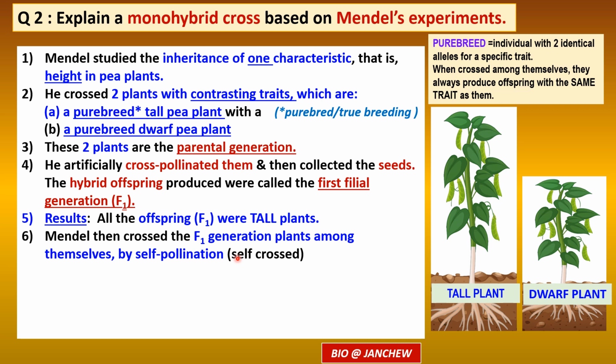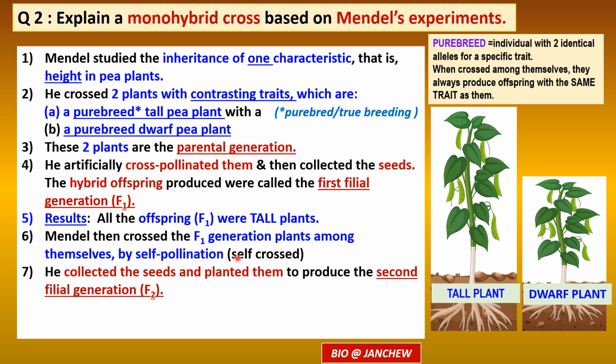That's called self-pollination. That means fertilization occurred between the gametes from two F1 plants. Then he collected the seeds produced and planted them to produce the second filial generation. So this is F2. F2 are the progeny or the offspring of F1.